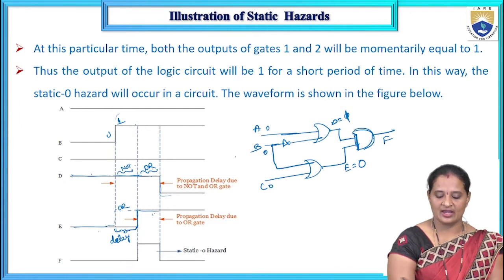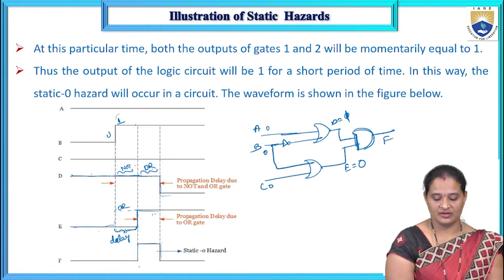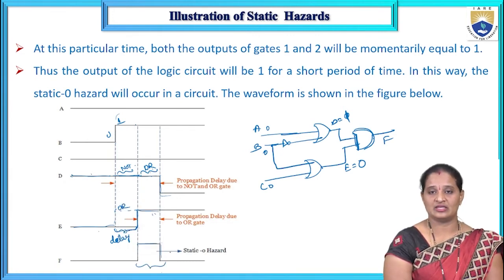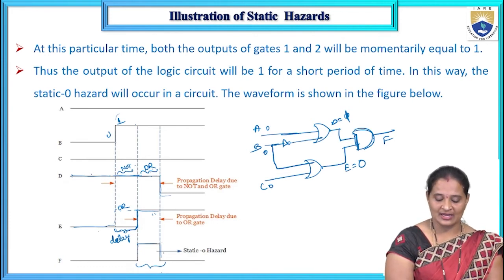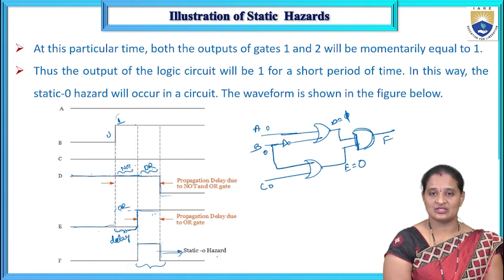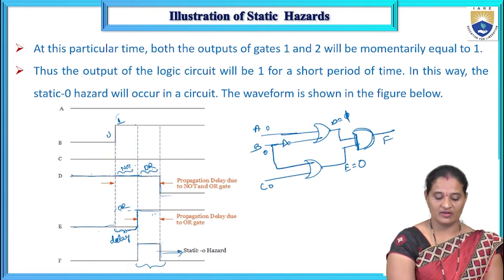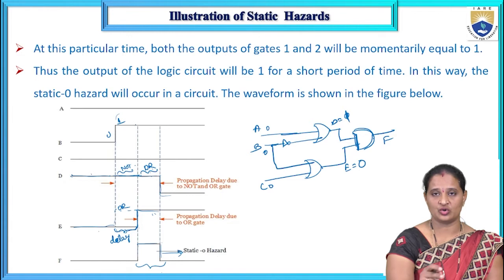Both the inputs to the AND gate become 1 and hence the output F becomes 1 for this time period. But it is not required here, and this is happening due to the gate delay. That is why this is called static 0. Actually, it should remain at 0 even if the input changes from 0 to 1.